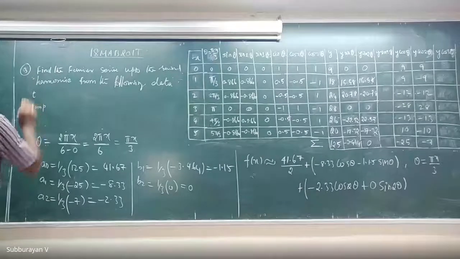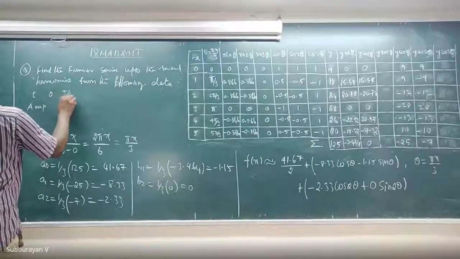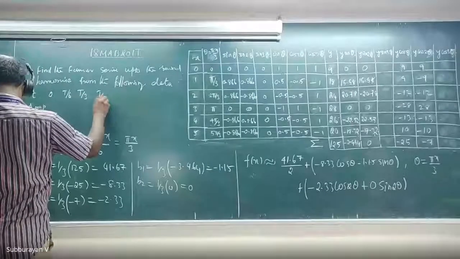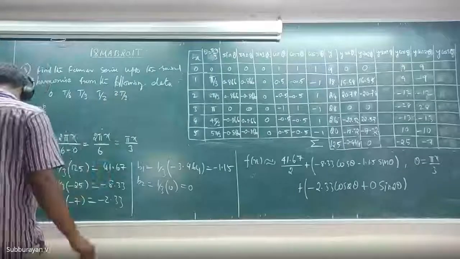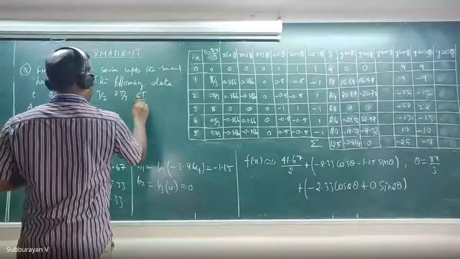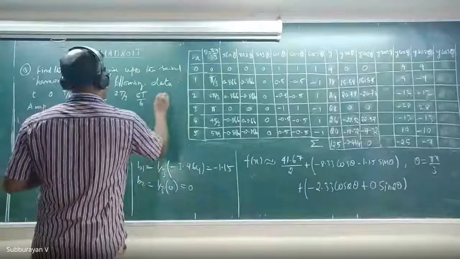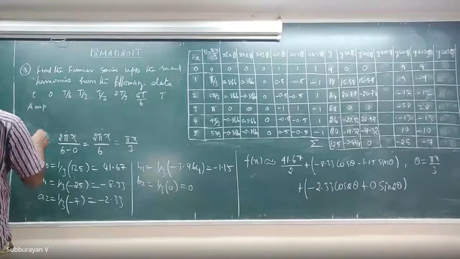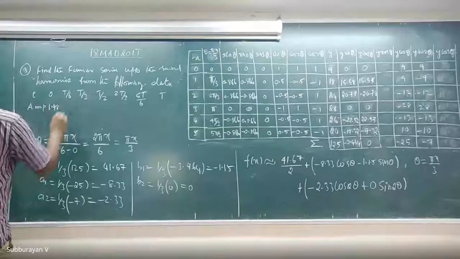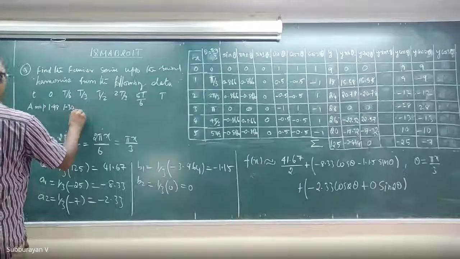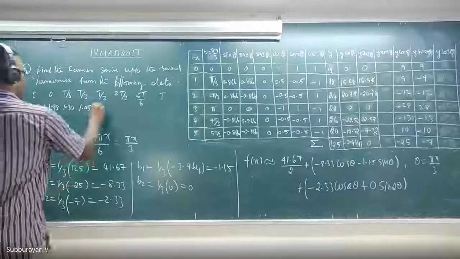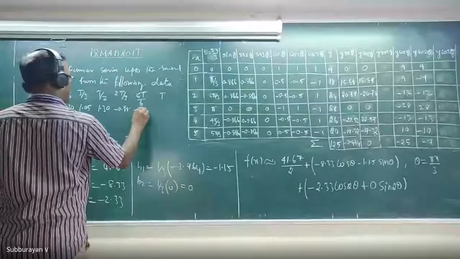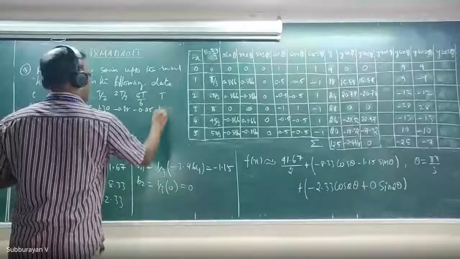So this is 0, T by 6, T by 3, T by 2, 2T by 3, 5T by 6, and T. And then the corresponding amp at t equal to 0 is 1.98, then 1.30, 1.05, 1.30, minus 0.88, minus 0.25, and 1.98.